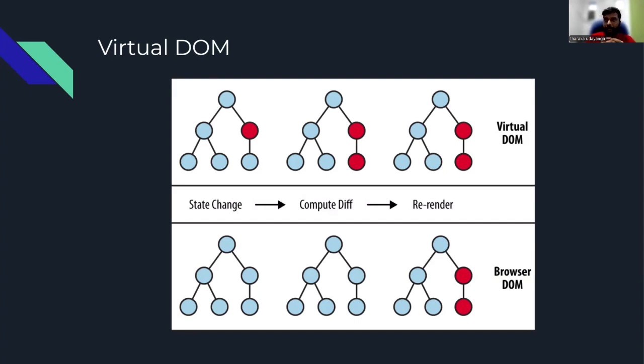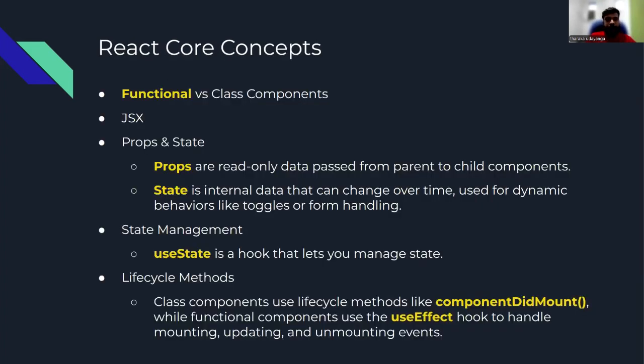This compare process we call reconciliation, and they follow an algorithm called diffing to compute the difference between the old virtual DOM and the new virtual DOM. That's the main thing they are following. Because of this, React has better performance than regular applications.